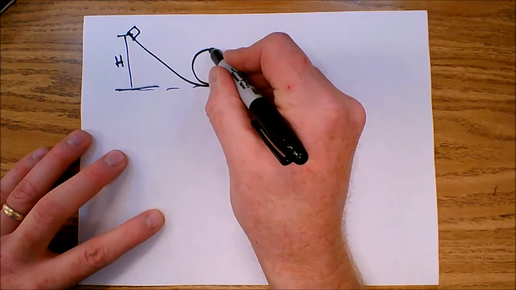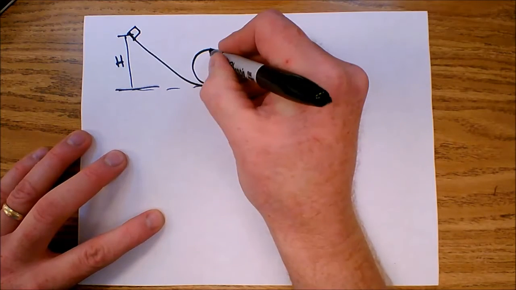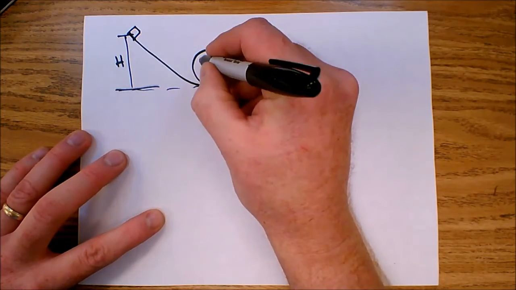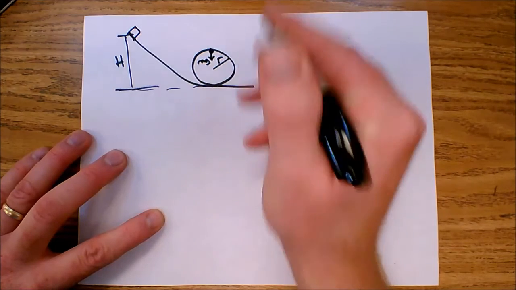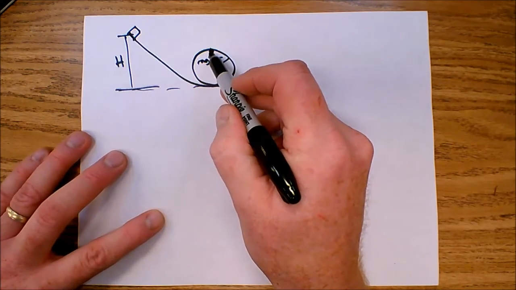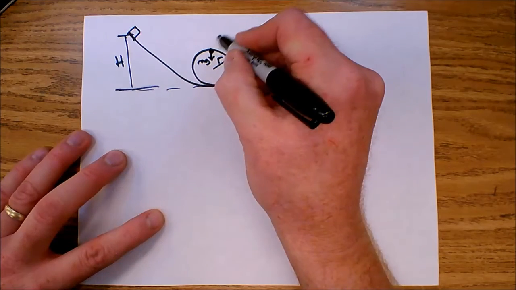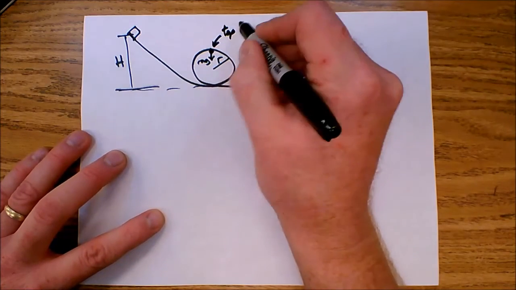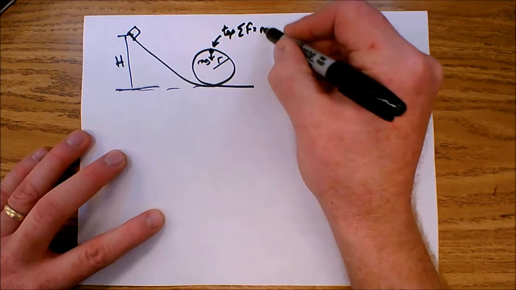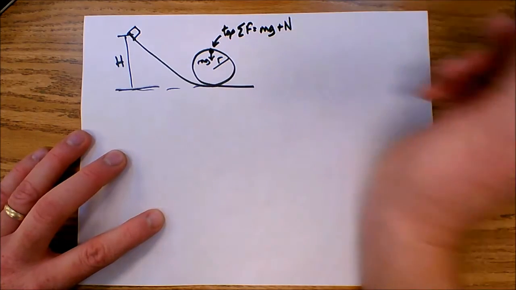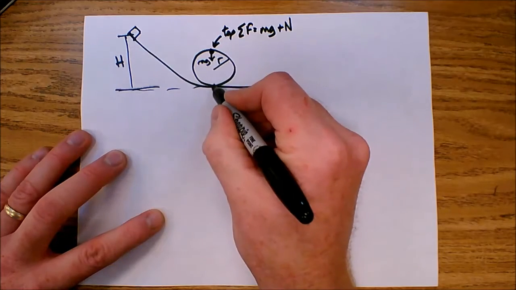At the top, we've got the mg force, force of gravity, downward. And if there is a normal force, it's going to be perpendicular to the track at this point, which means it would also be downward. So at the top, our net force is going to be mg plus the normal force, if there's any normal force there.